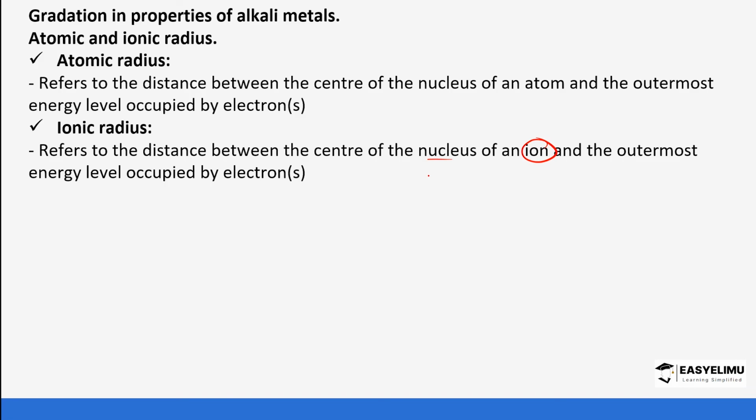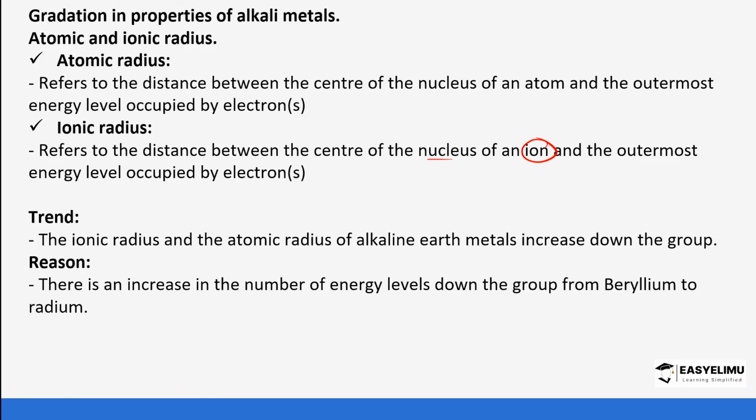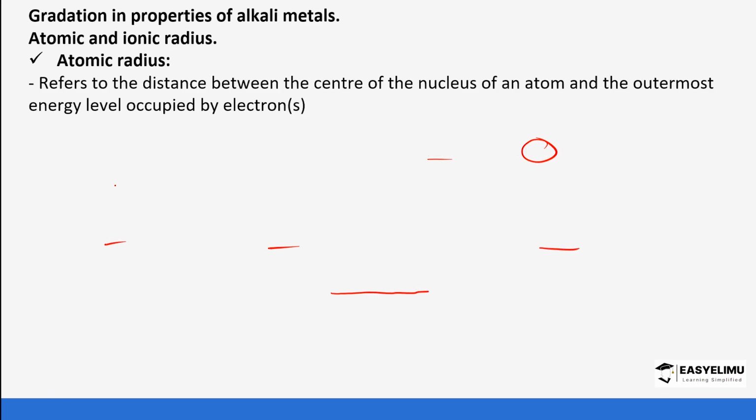If you look at the gradation of these sizes, you notice the ionic radius and the atomic radius also increase down the group, just like in alkali metals. The reason they increase is because there is an increase in the number of energy levels down the group. If you were to show an example, we can look at our previous example.